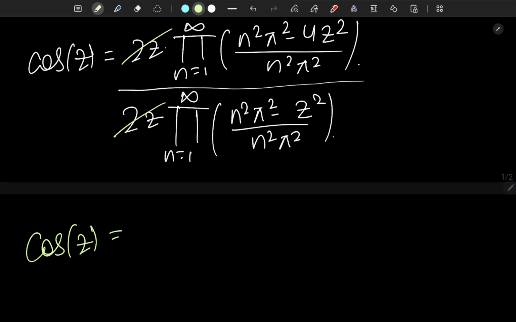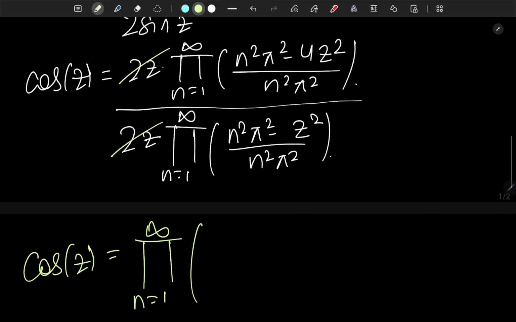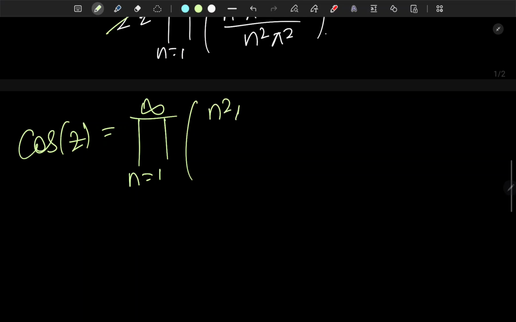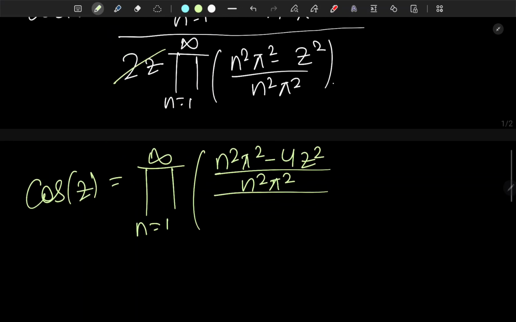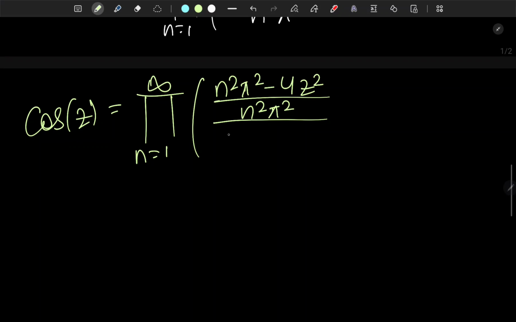What I'm talking about is the product as n goes from 1 to infinity, where the numerator is n squared pi squared minus 4z squared over n squared pi squared, and the denominator is n squared pi squared minus z squared over n squared pi squared.